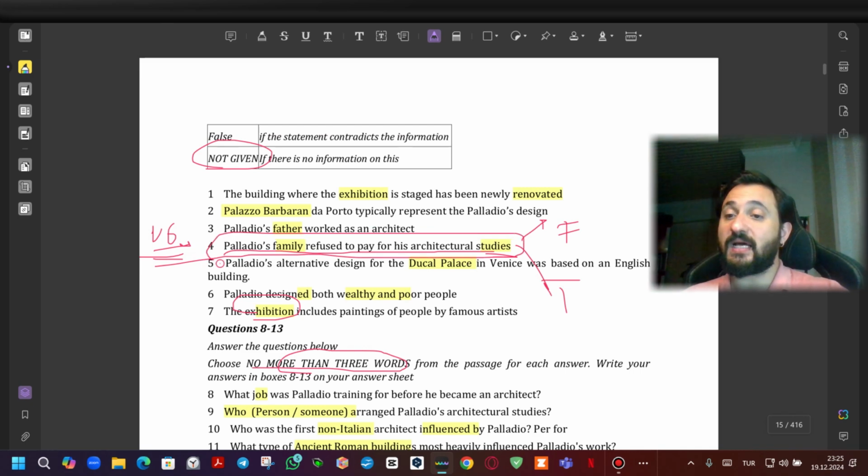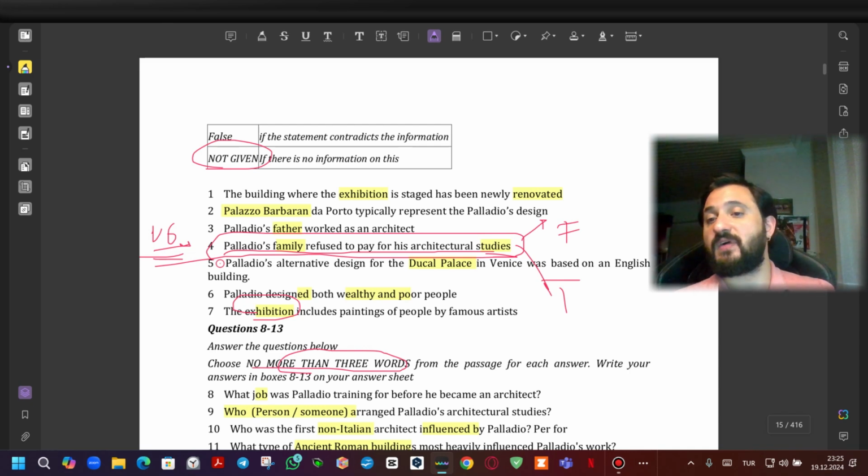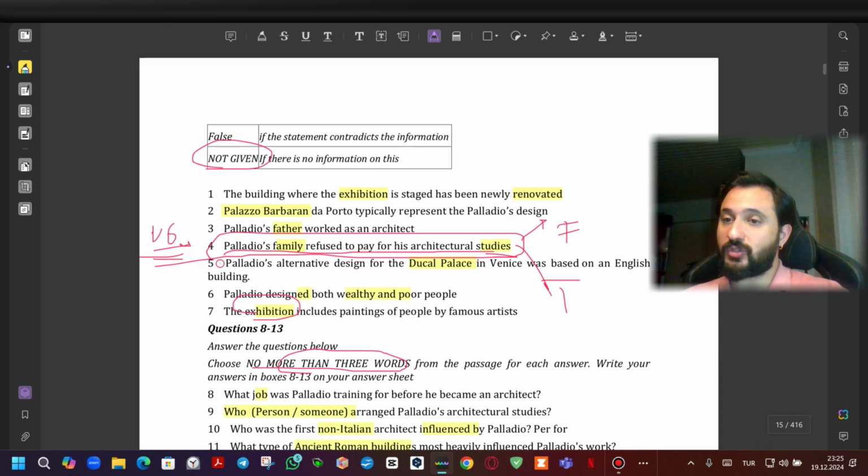For example, Palladio's parents, family members didn't want to take part in his architectural studies and his financial background, or they didn't want to support him with, for example, financial difficulties of his architectural studies.